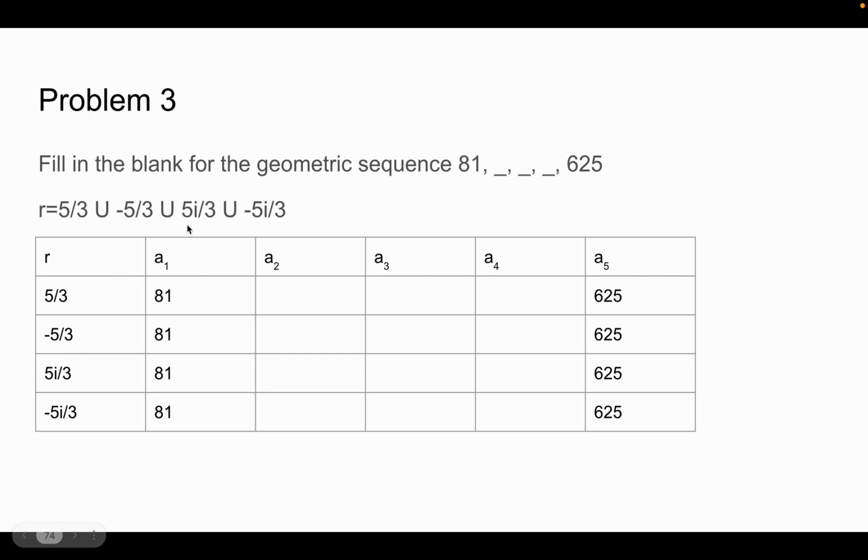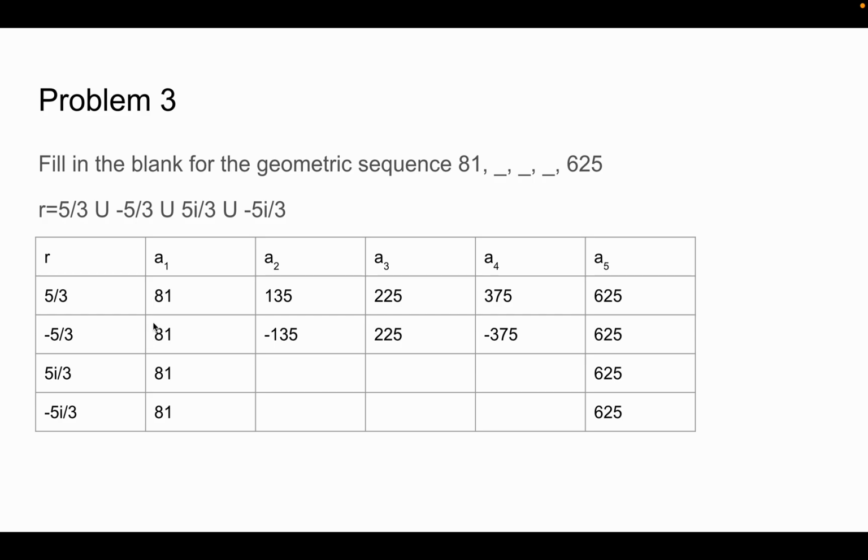We know that A1 is going to be 81 no matter what, and A5 is going to be 625 no matter what. Now we just have to solve each row. So 81 times 5 over 3 is 135, and so on until we get to 625.